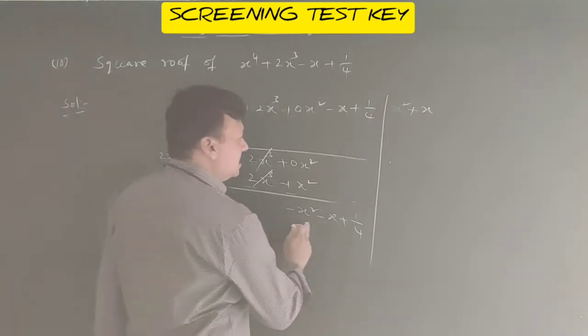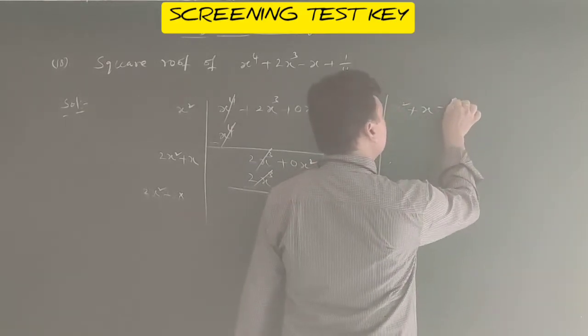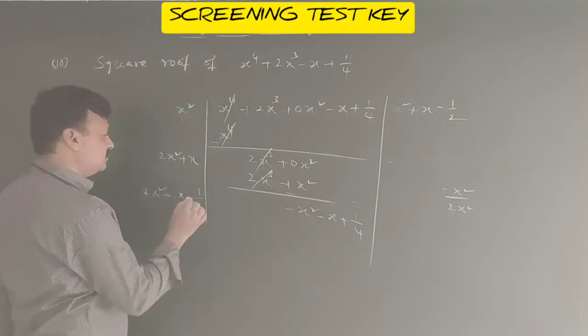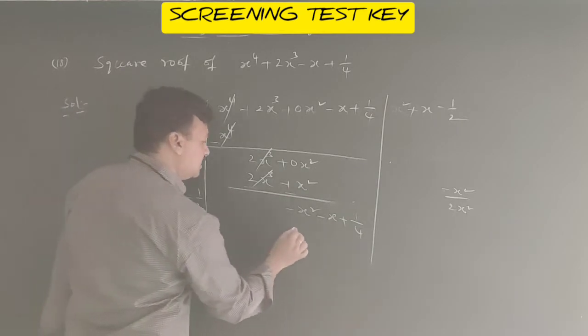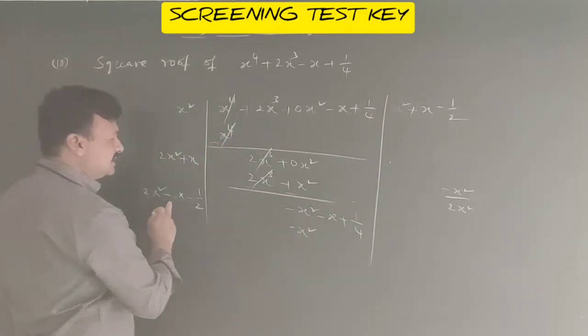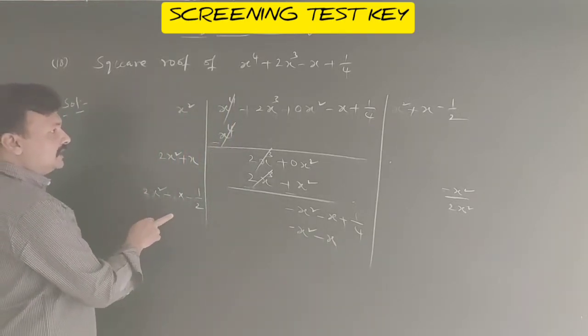Now if you divide minus x square by 2x square, you will get minus 1 by 2. Here also you will write minus 1 by 2. So here minus 1 by 2 into 2x square, minus x square. Here minus into plus minus 2x into 1 by 2, x.